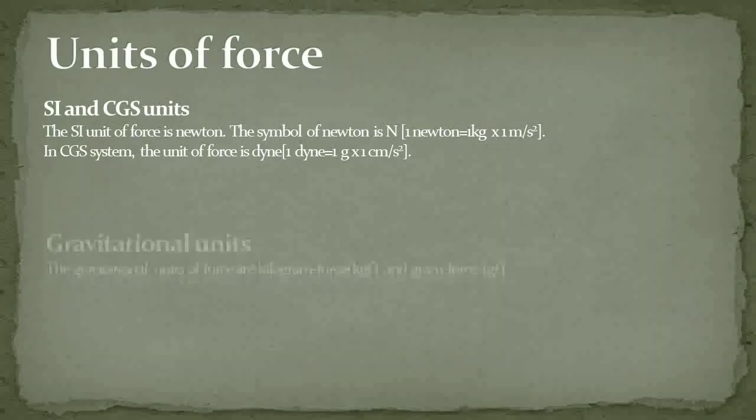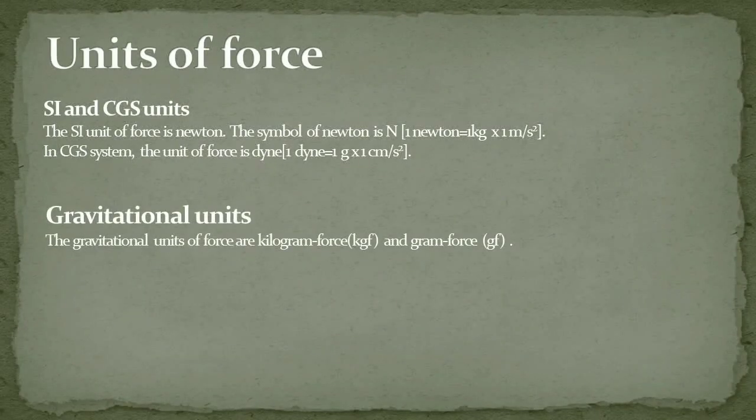In the CGS system, the unit of force is dyne, and 1 dyne is equal to 1 gram centimeter per second square. It has some gravitational units also. The gravitational units of force are kilogram force, with the symbol kgf, and gram force, gf, and the conversion is given here.